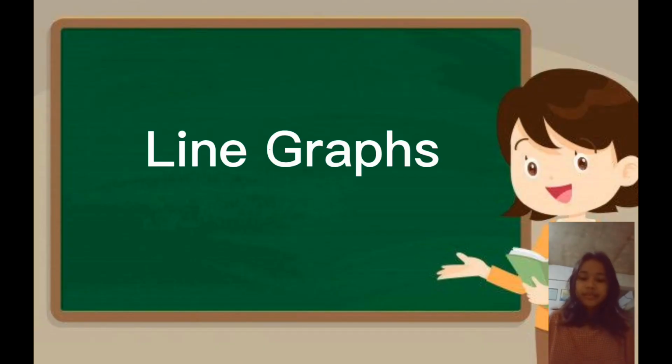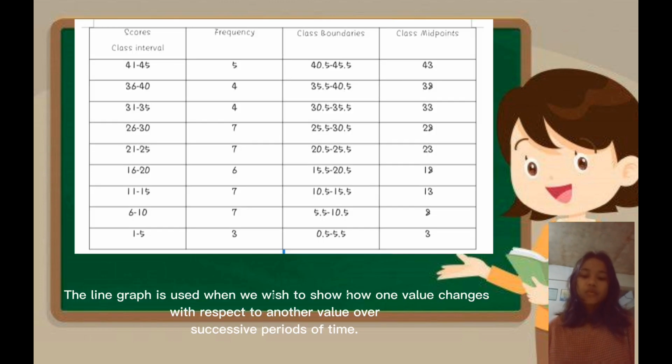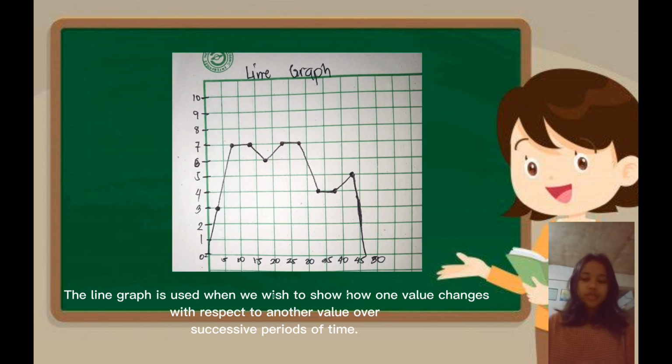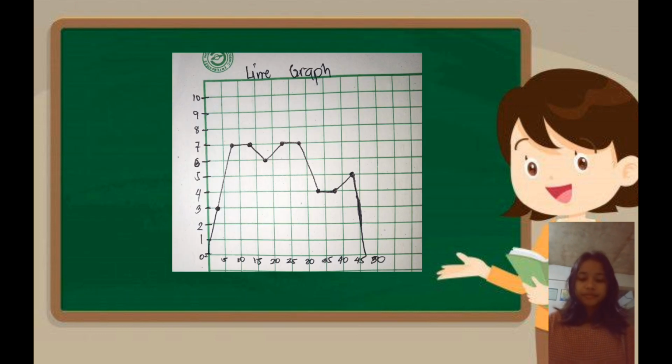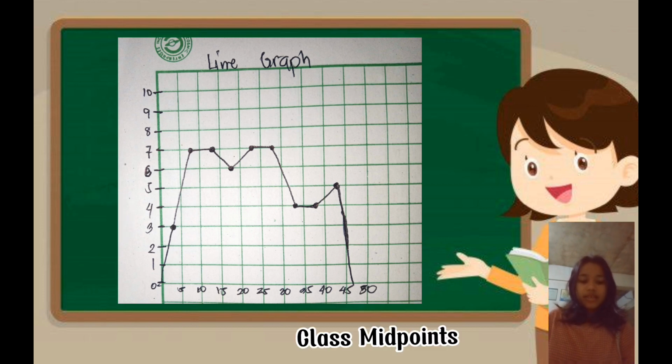As for the line graph, it is used when we wish to show how one value changes with respect to another value over successive periods of time. To make a line graph, on the vertical or y-axis is the frequency and the class midpoints are on the horizontal or x-axis.